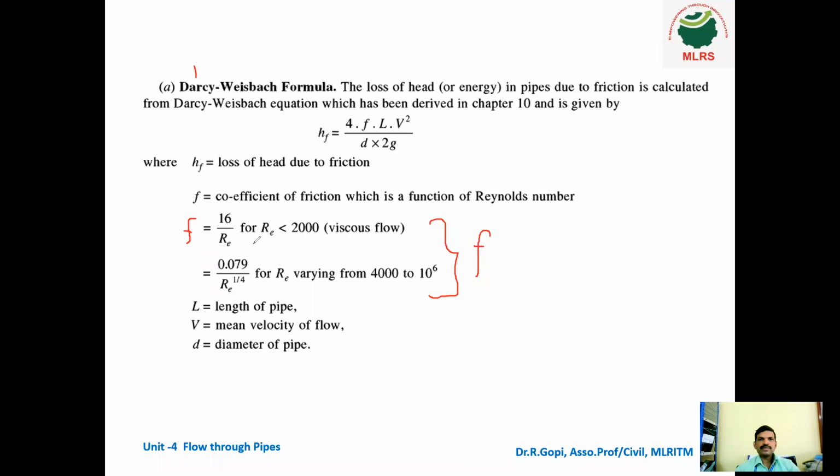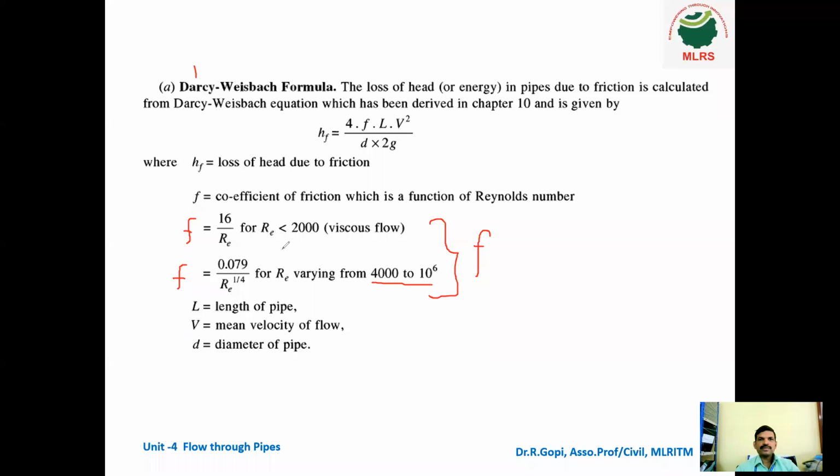What is the Reynolds number formula? It is V D divided by nu. This is the Reynolds number formula that we have already seen. Suppose the Reynolds number varies from 4,000 to 1 lakh, we have to use this formula. So for friction factor calculation we need two formulas.